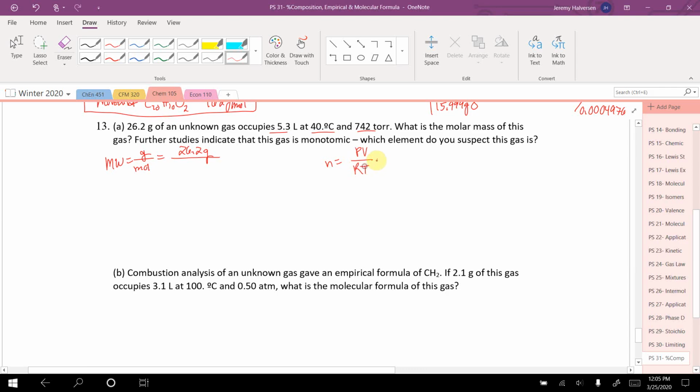Moles is PV over RT. Pressure is 7042, but I'm going to change it to atmospheres, divided by 760. My volume is 5.3 liters, 0.08206, and the temperature is 40 plus 273, which is 313 Kelvin.